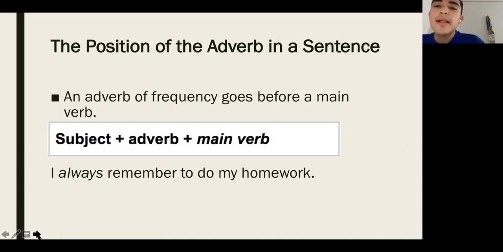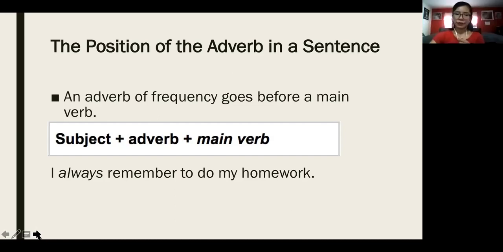Like, for example, I always remember to do my homework. I subject, adverb always, and the main verb that is remember. I always remember. Everything else is a complement. But the base of this type of sentence is I always adverb and then the main verb. Do you have any question?